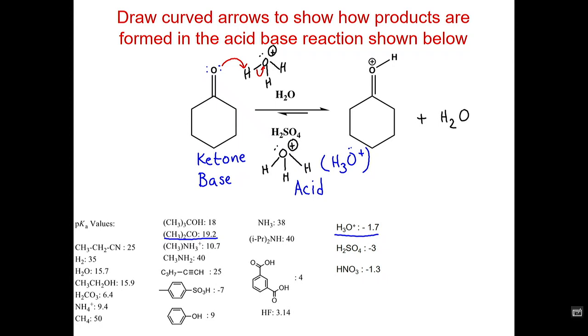Water is the conjugate base in this reaction, and the protonated ketone is the conjugate acid in this reaction.